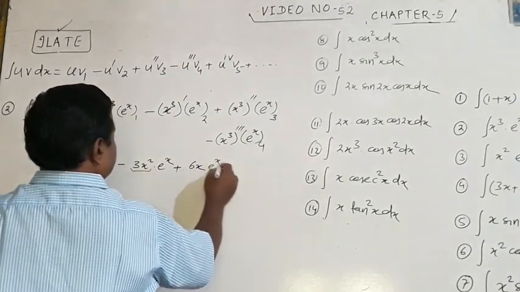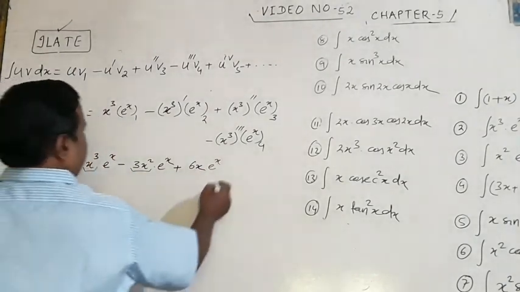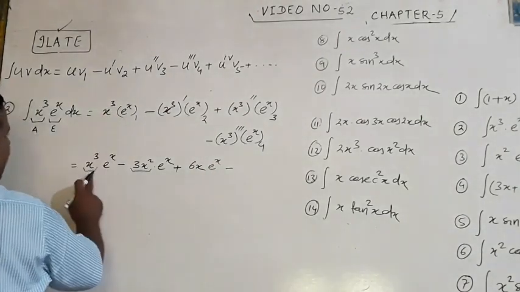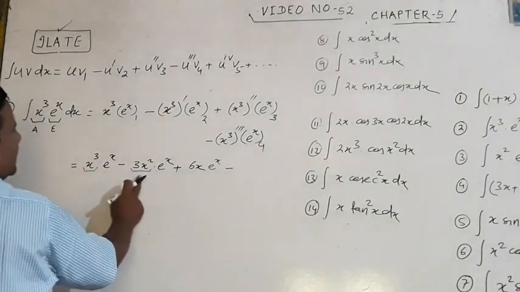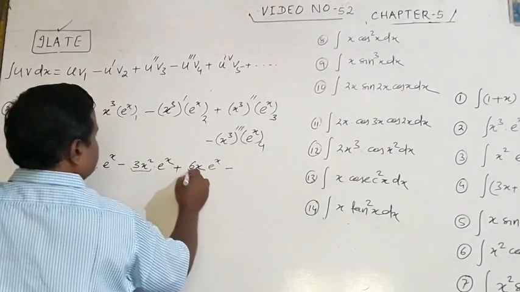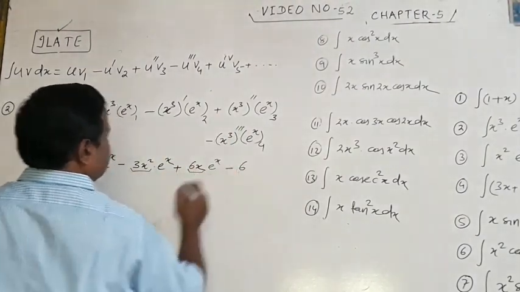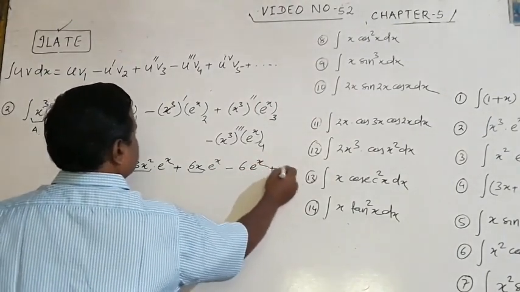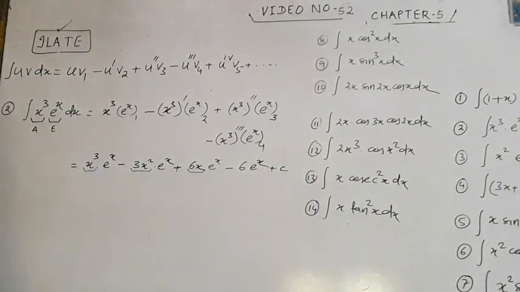Now minus: first x cube, then its derivative 3x square, then 6x, then 6, and the integration of e to the power x is e to the power x. Plus 6. So in one line it is solved.